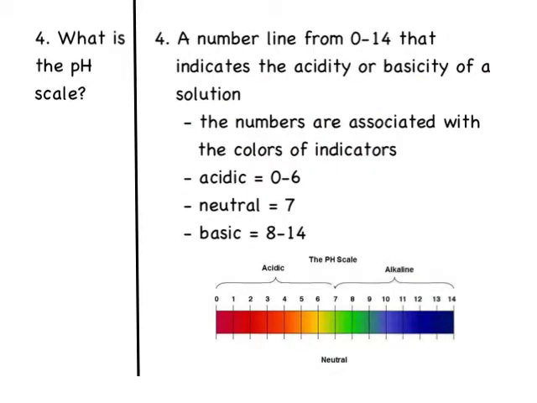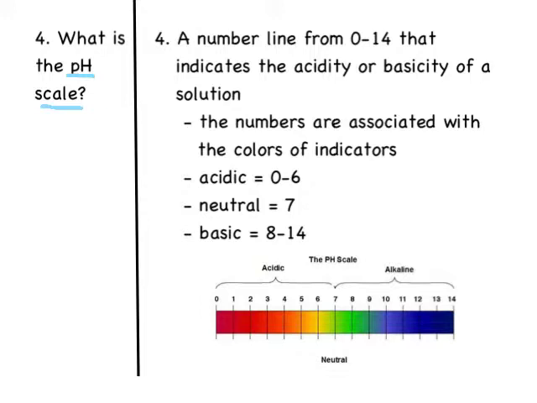The last thing that we're going to talk about is what's called the pH scale. This is how we measure the acidity or basicity of a solution. Basically, it's just a number line from 0 to 14 that indicates how acidic or how basic a solution is. Numbers are associated with the colors.